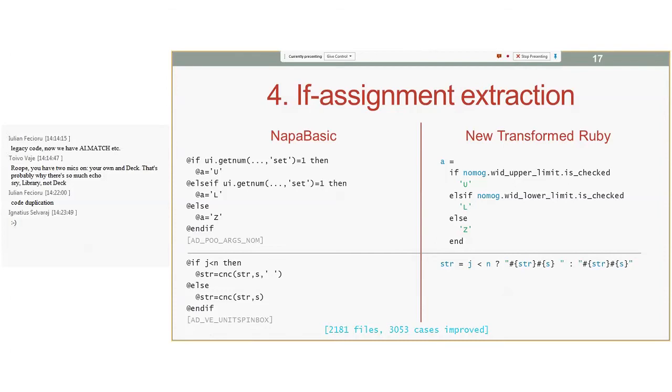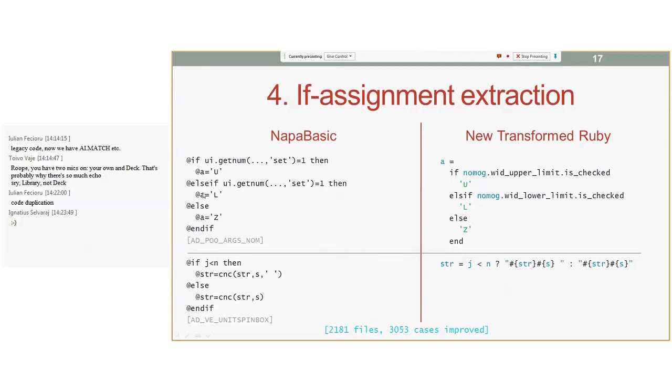If assignment extraction. Another very common pattern, 3,000 cases we found, where in each part of the if else statement, the only thing that is done is assigning a single variable, the same variable.